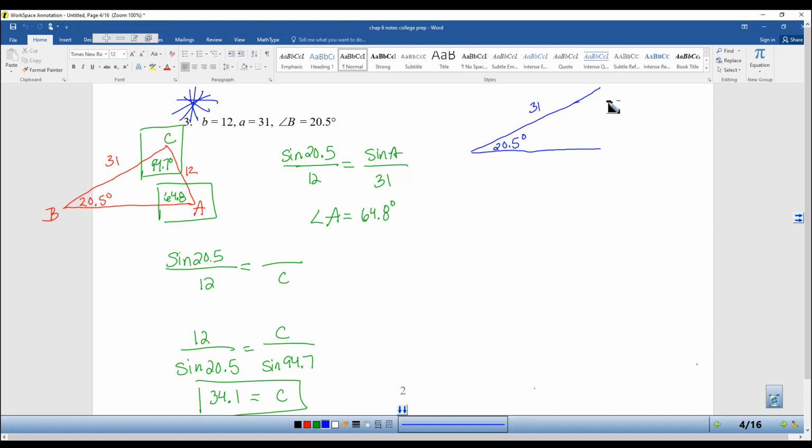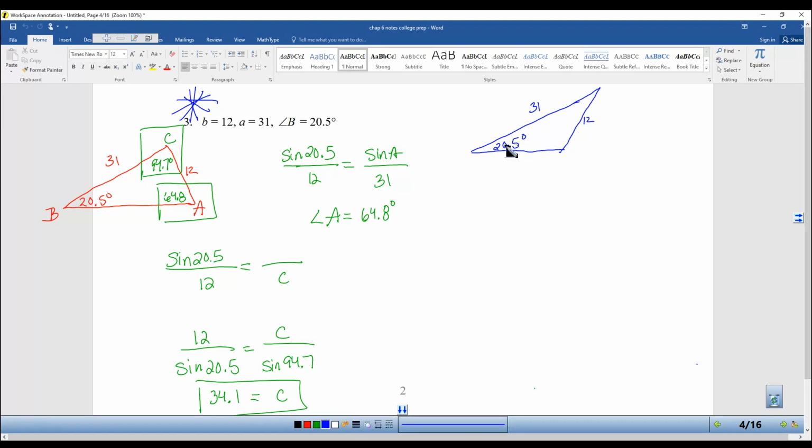But instead of drawing the 12 this way, I could have drawn the 12 this way. It didn't affect my angle, and it didn't affect the length. It just affected the way I drew it. So if I draw it this way, it changes everything.